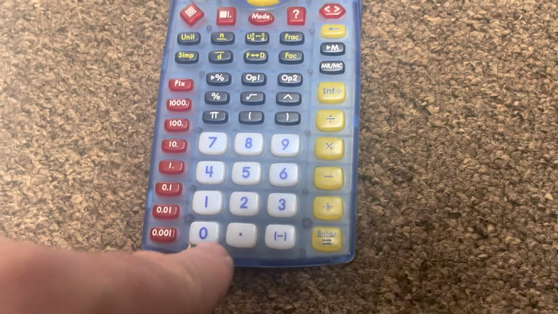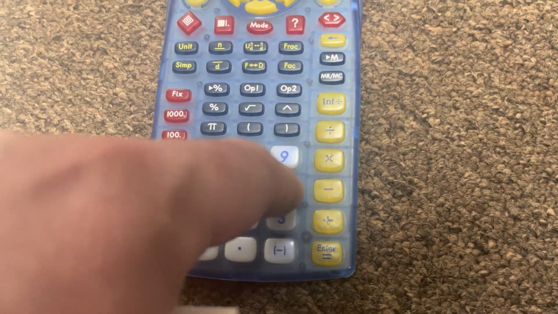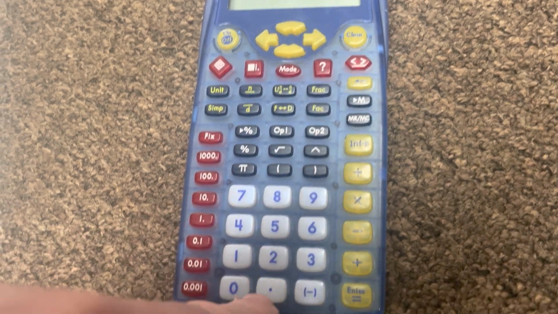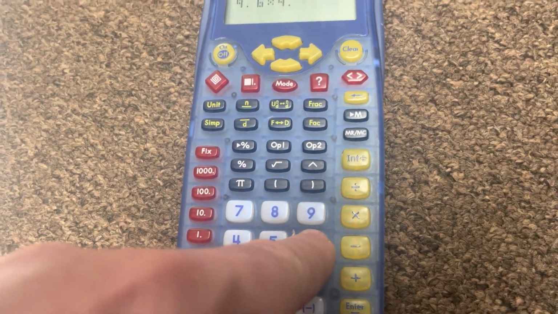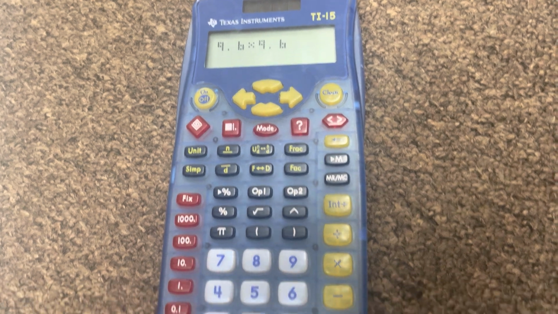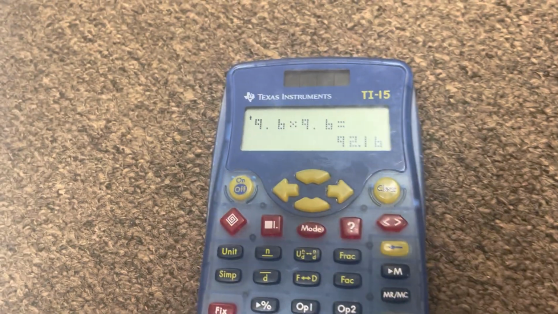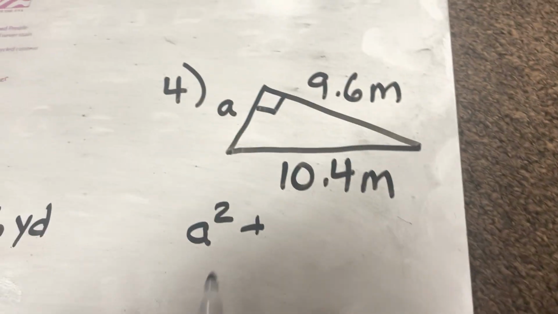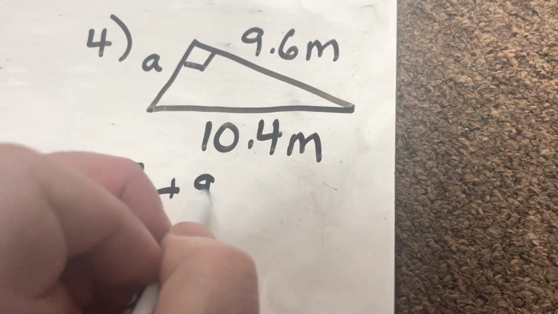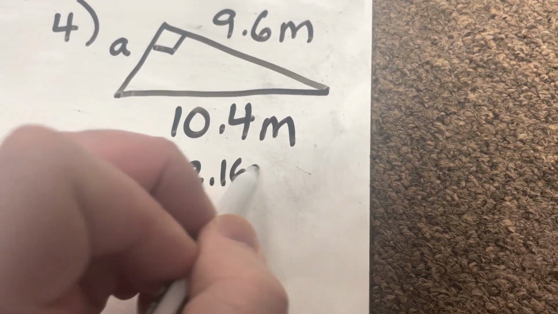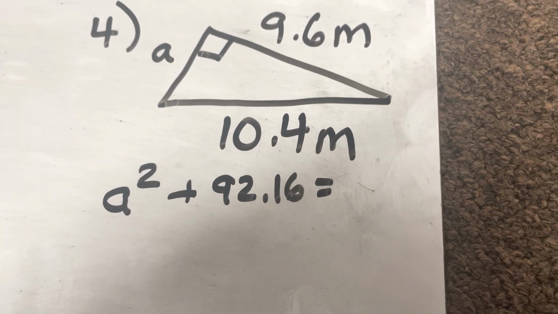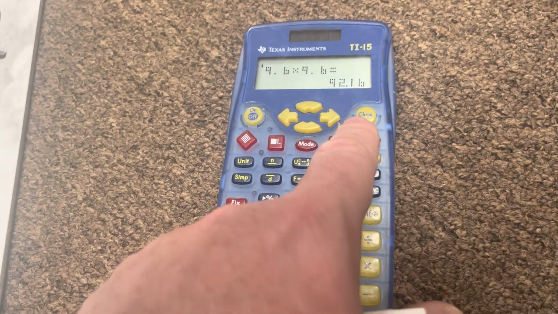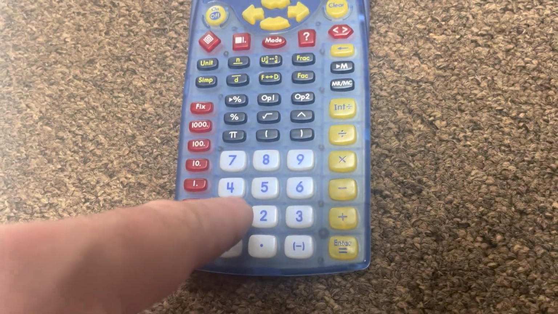We have 9.6 times 9.6. And that's all going to equal 92.16. All right. So A squared plus 92.16 equals C squared, which is going to be the 10.4 times 10.4. So I clear that out.